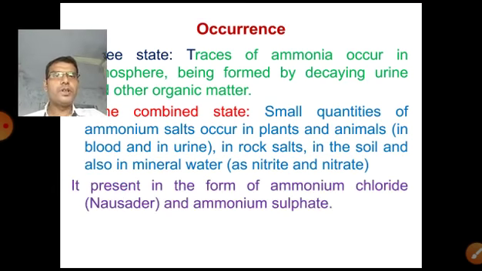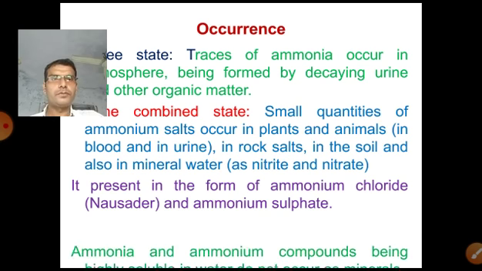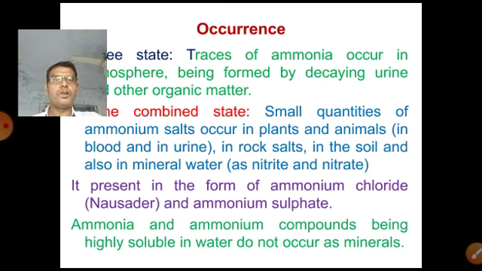It is also present as ammonium chloride, which is also called Naushadar, and ammonium sulfate. Ammonia and ammonium compounds are highly soluble in water, so they do not occur as minerals.